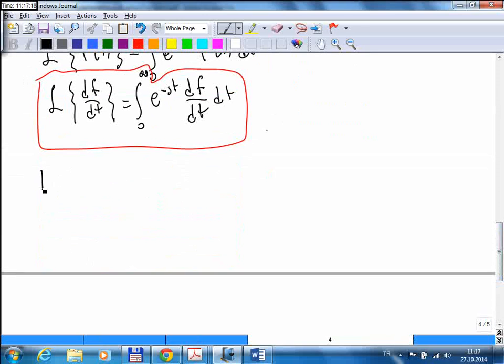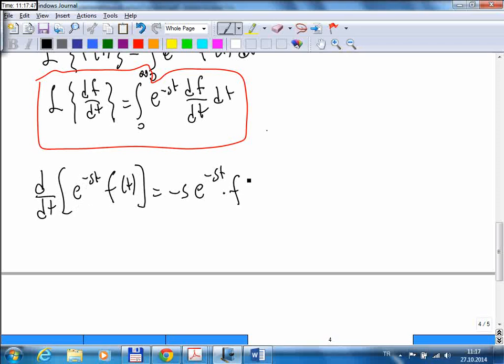So we know that the derivative of, so we have two time-dependent functions multiplied together. If you want to take the derivative, you first differentiate this part and then multiply with this, right? So the derivative of this first part is minus s times e to the power minus st times f of t, right? And then you need to add to this this term multiplied with the derivative of the second term, which is e to the power minus st times df over dt, right?